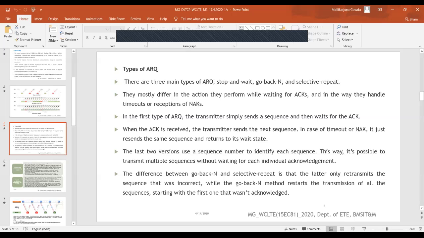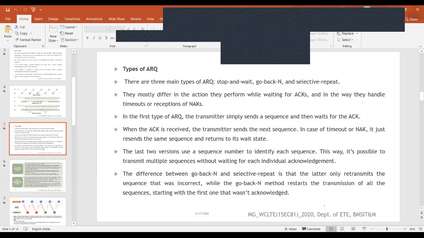They differ in how they handle a packet received with an error. In the go back N method, it restarts the transmission of all the sequences from that packet. But in selective repeat, it sends only the particular packet which has received the error.